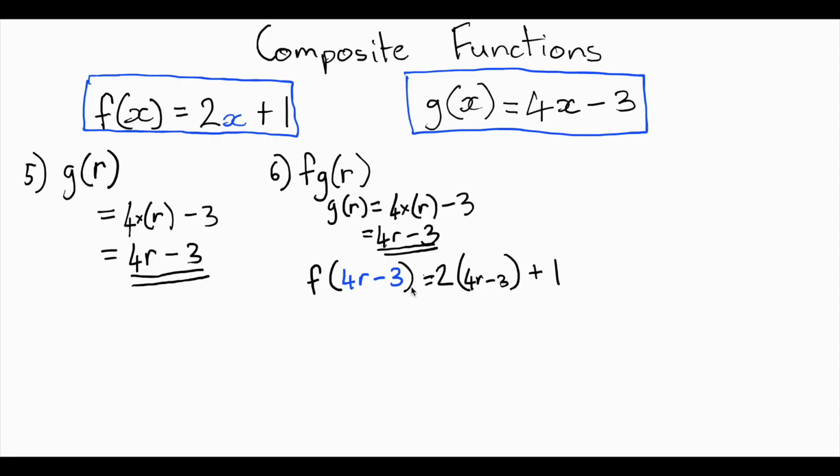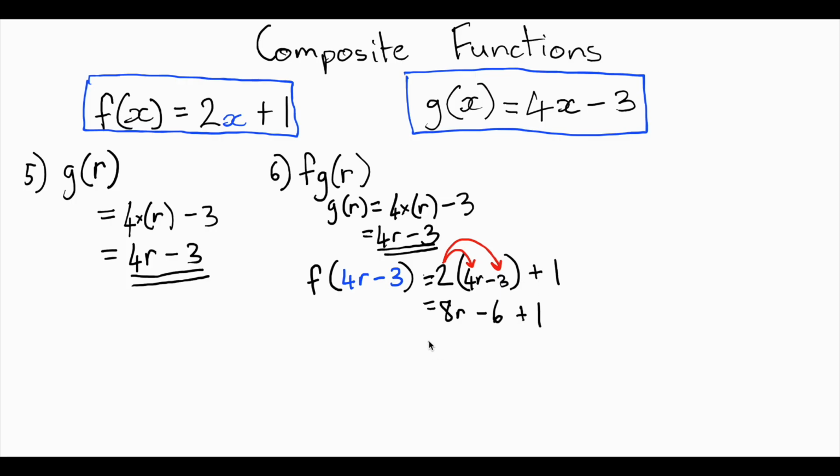Now, all I have to do is simplify. 2 times 4R is 8R, and 2 times minus 3 is minus 6, a positive multiplied by a negative. And then I can't forget my plus 1.